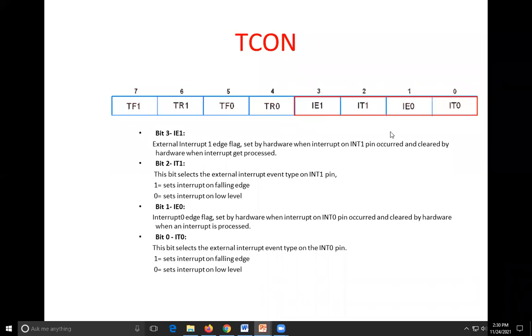And these are for the external interrupts, to enable interrupt 1 and interrupt 0. Select the interrupt type by edge triggering: it is 1 for edge triggering, and for level triggering it becomes 0. So IT1 and IT0 denote falling edge triggering or level triggering, depending upon IE1 and IE0. This is the TCON register, the timer control register.